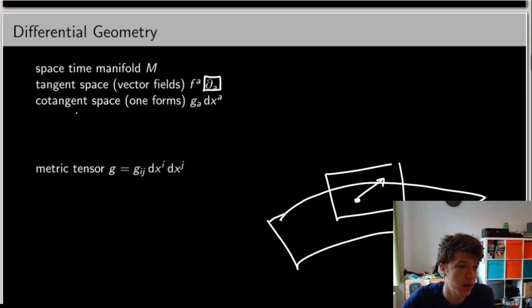Also the cotangent space, or the space of one forms, which is the dual space, can be formulated using the coordinates.